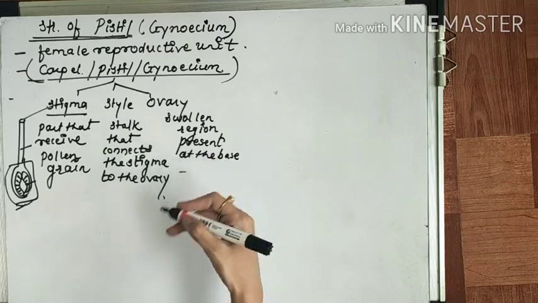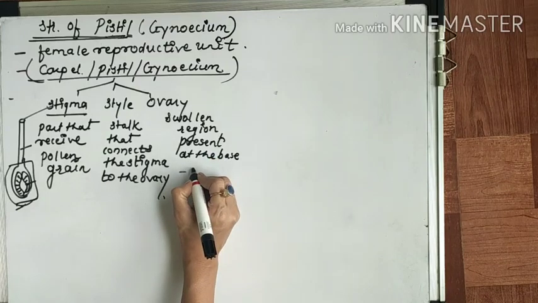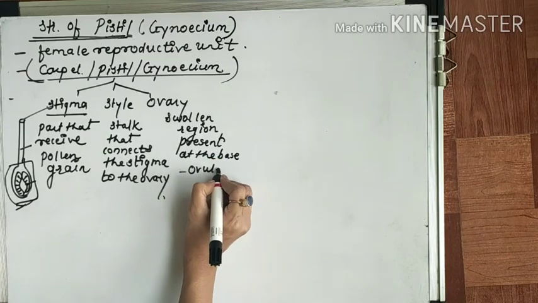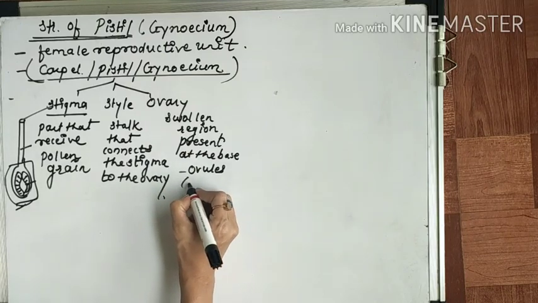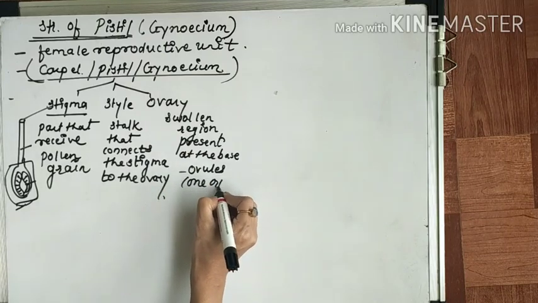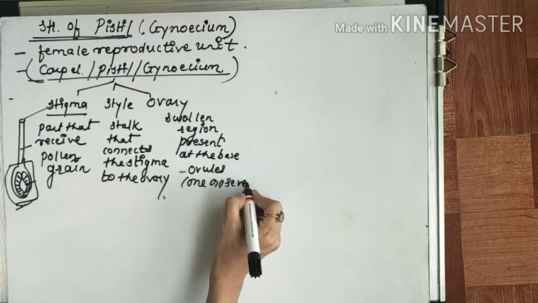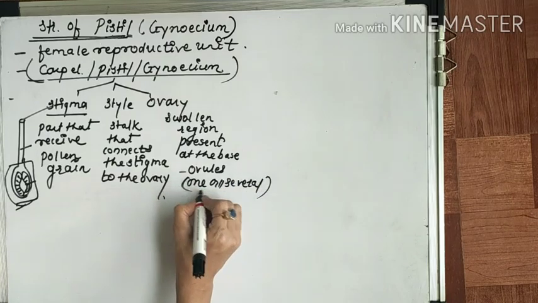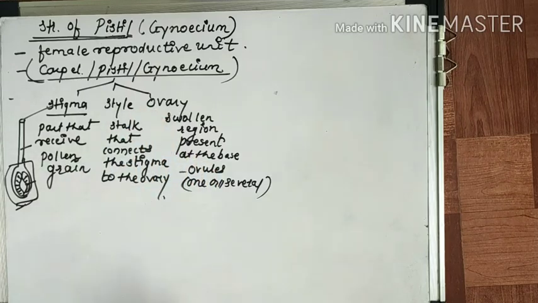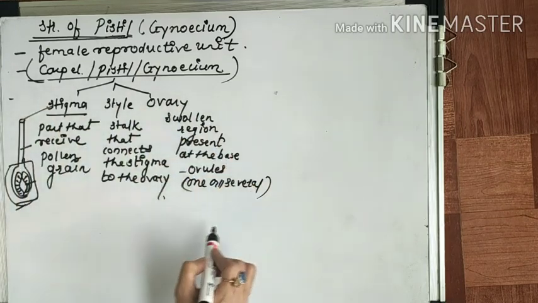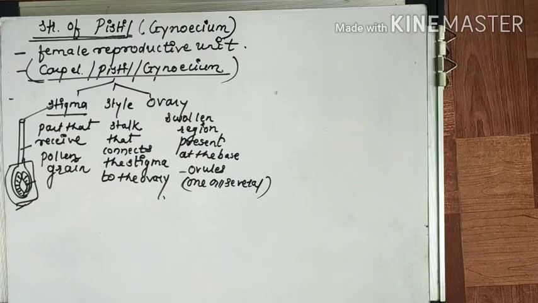Sometimes it's one, sometimes more than one. So one or several ovules are present in the ovary. So this is actually the structure of pistil, right?